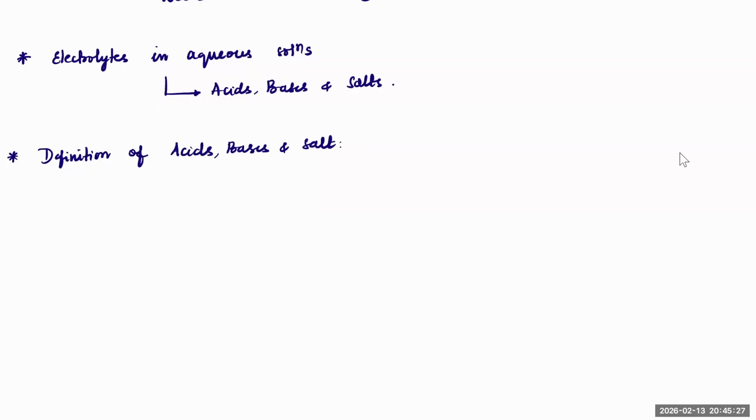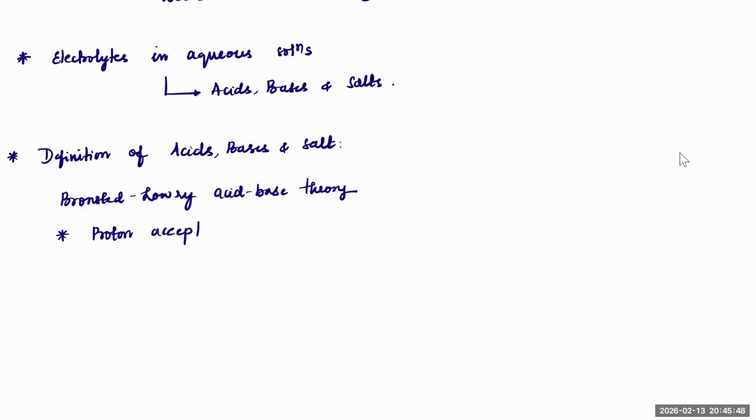One important definition which we should learn is Bronsted Lowry acid base theory. Okay. Now, here, when it comes to Bronsted Lowry acid base theory, base in a way is defined as proton acceptor.